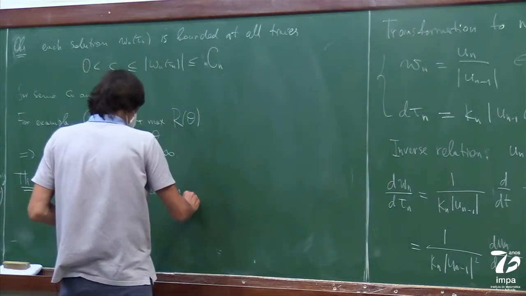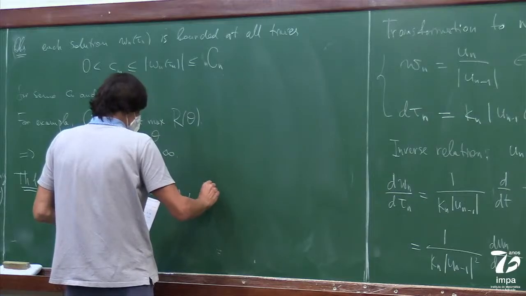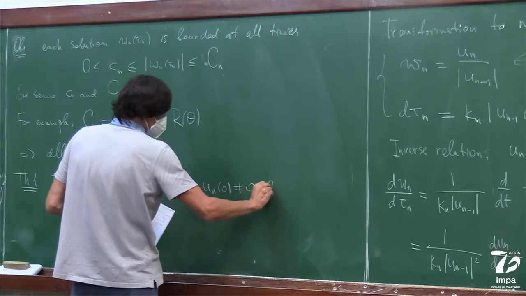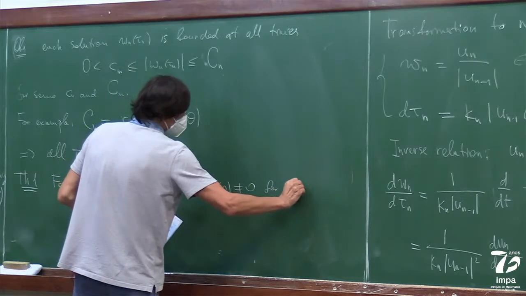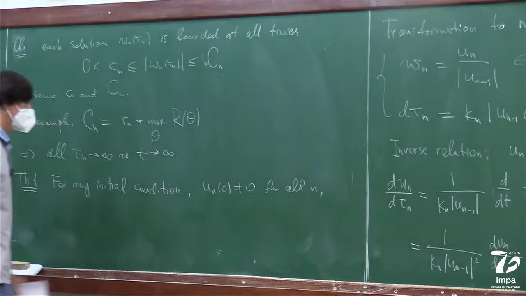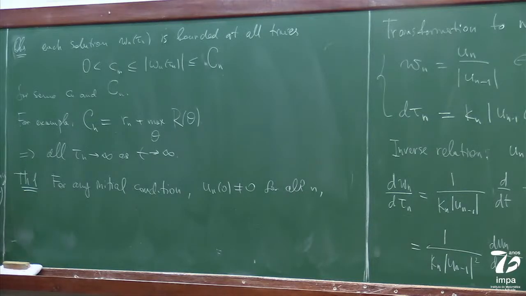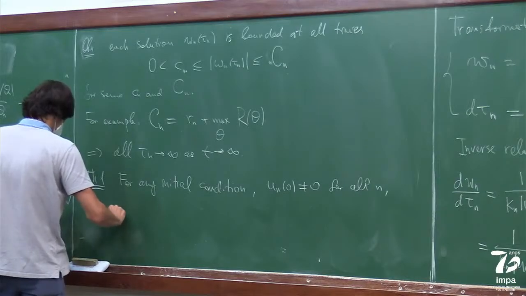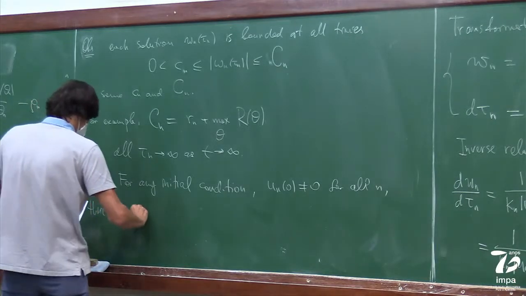So for any initial condition such that all un at 0 are not 0 for all n, there exists a unique solution.